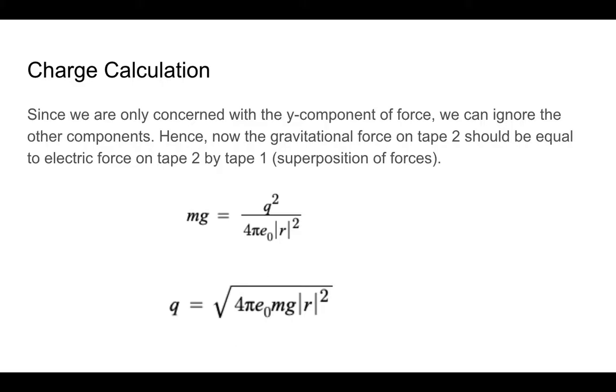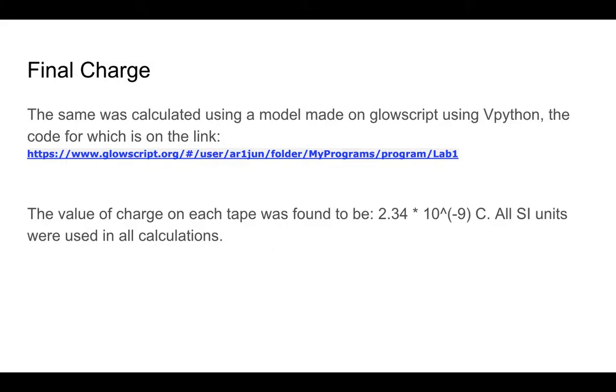On moving around the variables a bit, we get the formula given on the bottom, and using that formula as well as the simulation, one can see that the value of charge on each tape should be 2.34 × 10^-9 coulomb. It's important to know that all SI units were used in all calculations. Also, if you want to look at the simulation I made, the link for it is given on the top.